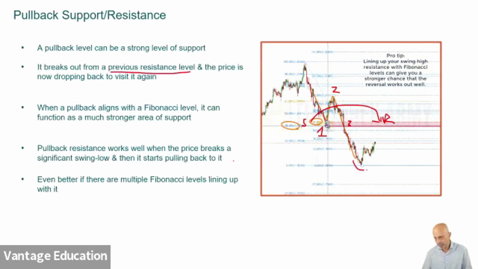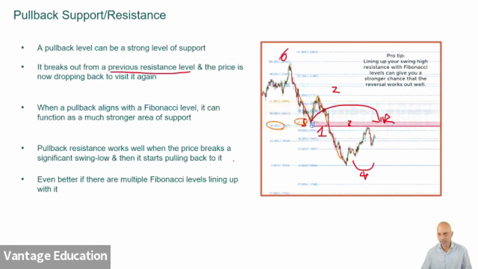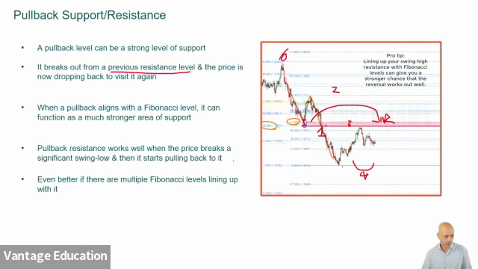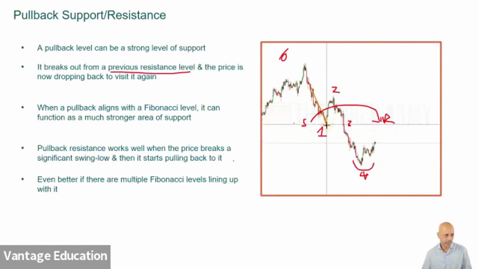And then as price makes a swing low at point number four, it starts to climb higher, and we are then able to run a Fibonacci retracement from the starting point zero to the swing low at number four. In that instance, we can see that the 38.2% Fibonacci retracement actually aligns very well with the pullback resistance.